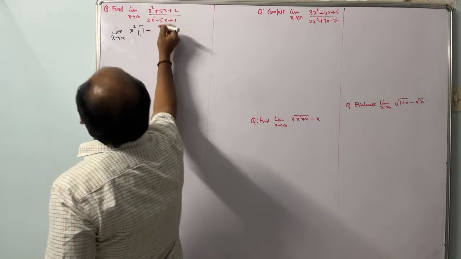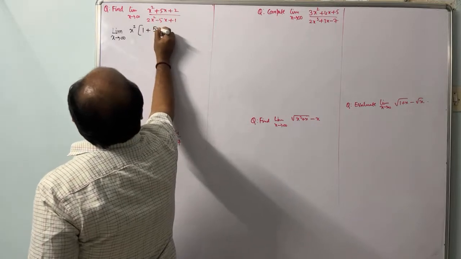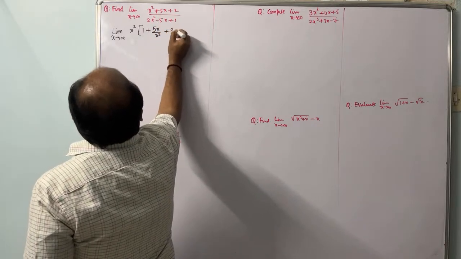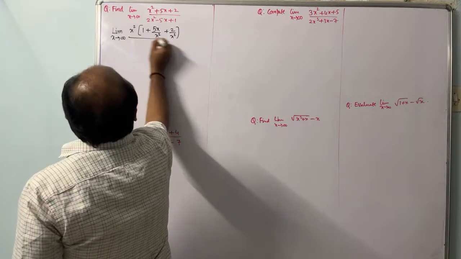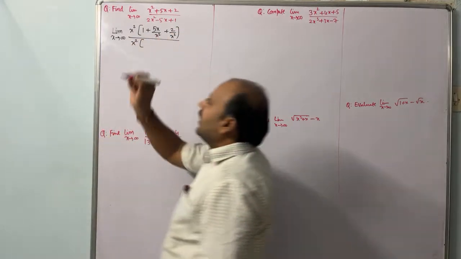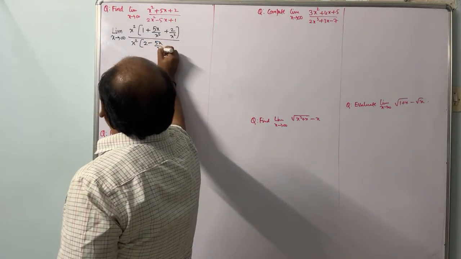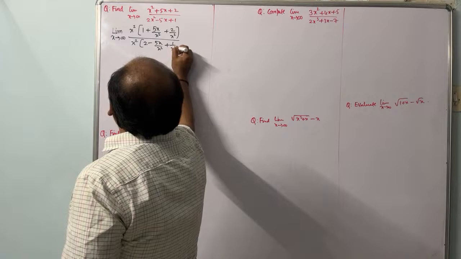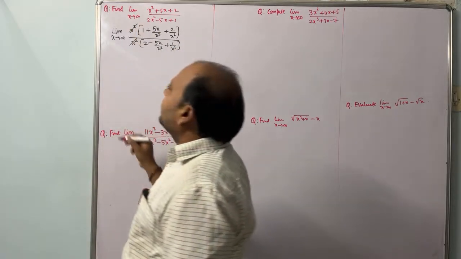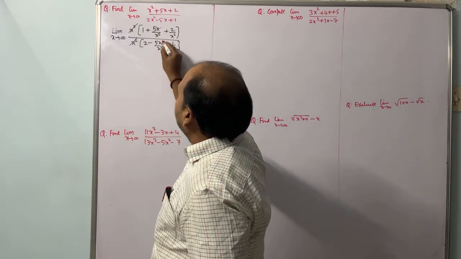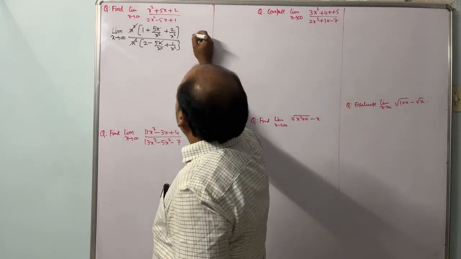So 1 plus 5x by x square means 5 by x, plus 2 by x square, dear students. Whole divided by x square, you take out common. You will get 2 minus 5x by x square plus 1 by x square. X square gets cancelled. Here x cancels. Here x cancels.